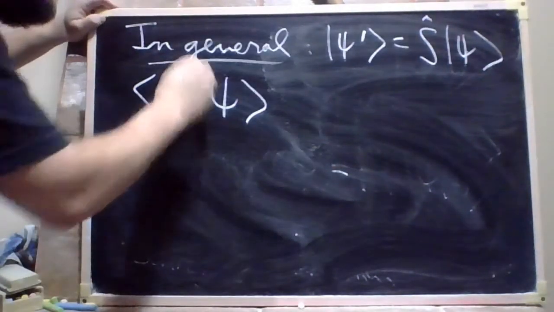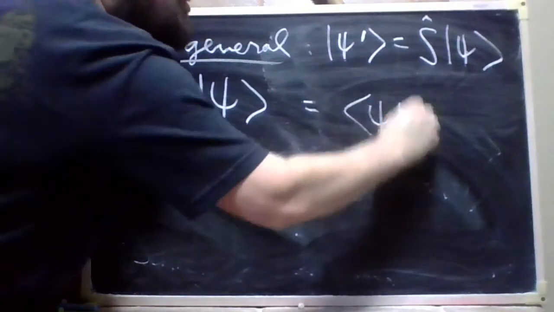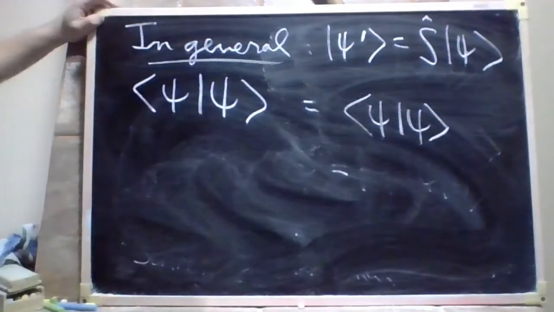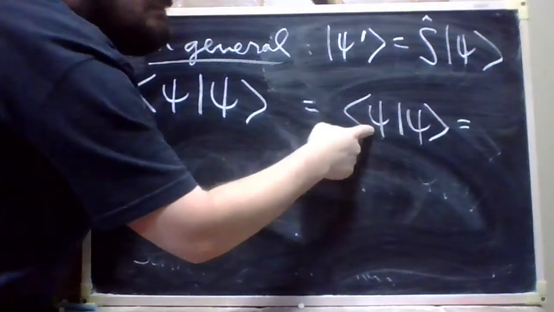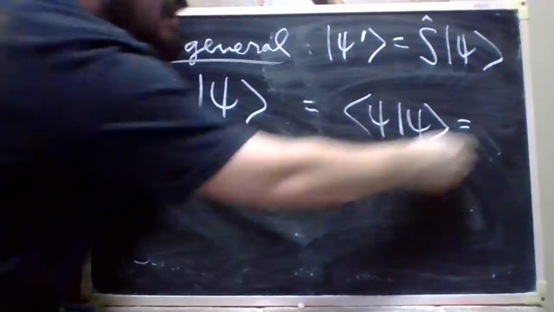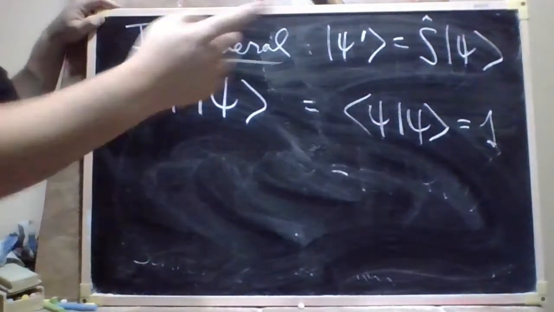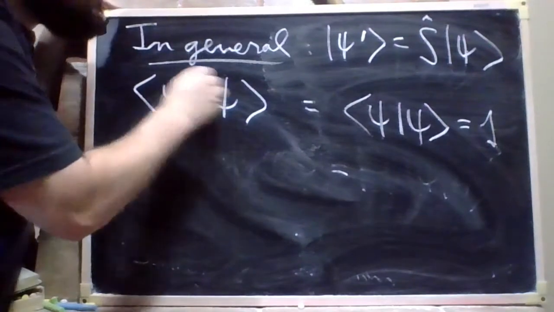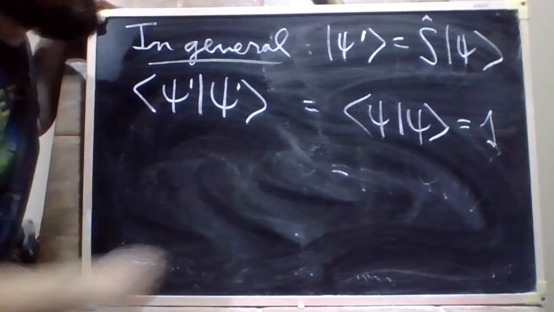Given psi seen in the previous frame of reference, what is the probability of finding psi? It's 1, so this state vector must be normalized to 1. And in the new reference, this thing must also be equal to 1.